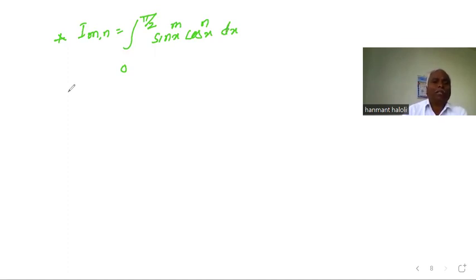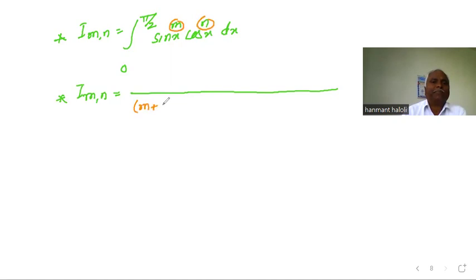By solving with the LIATE rule, I split it into the previous integral, and we can conclude that it can be written as a standard formula. How do we split this? First add both the powers m and n: m plus n.